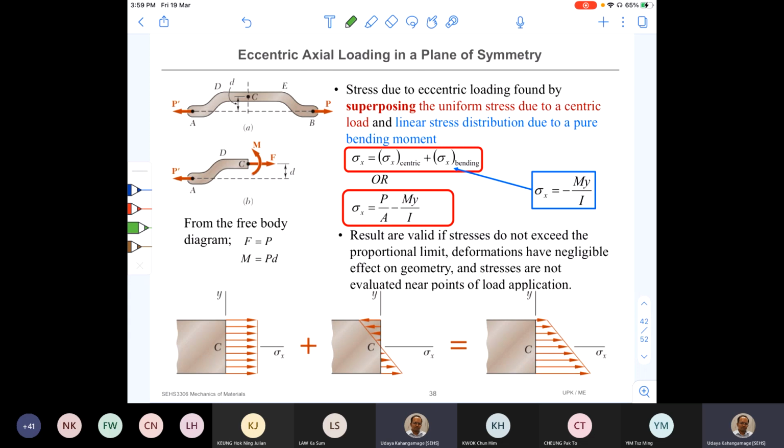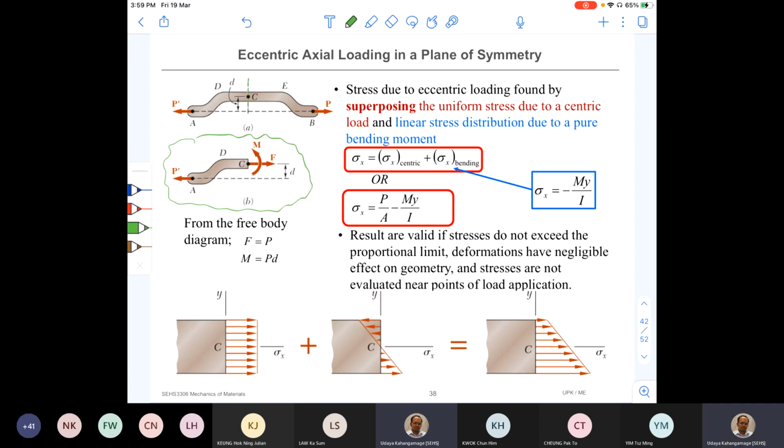I mean, internally there are going to be some resistive loads, but there's no directly applied load along the major axis of DE. The loads are applied eccentrically, right? So if you want to find out the internal forces, again, you need to cut it between D and E and draw a free body diagram. So this is that free body diagram drawn.